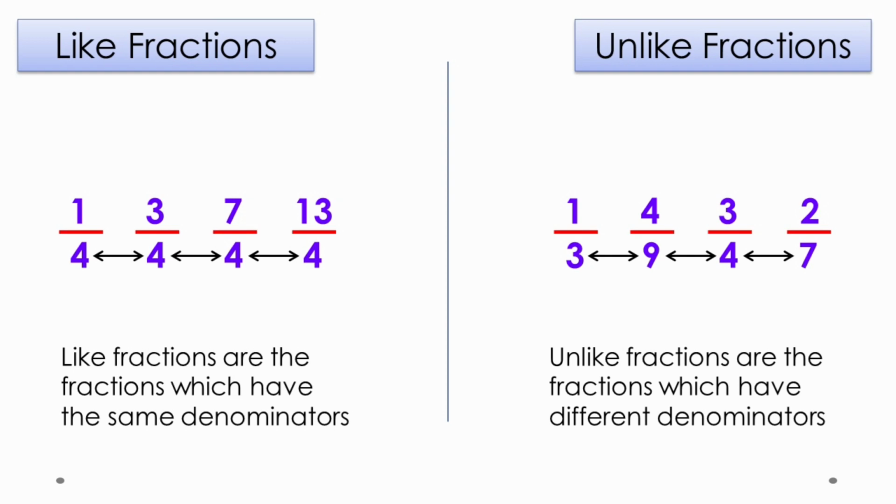If we have to tell which fraction is bigger, 2 by 7 or 5 by 7, it's easier to figure out. As the denominators are same, all we have to do is look at the numerator and see which number is bigger. In this case, 5 is bigger than 2. So 5 by 7 is bigger than 2 by 7.